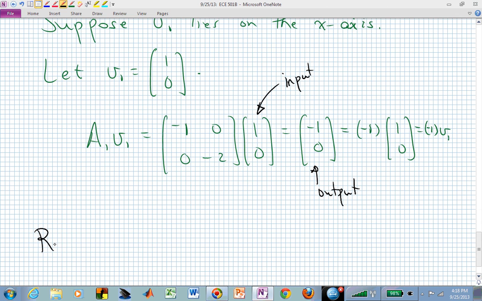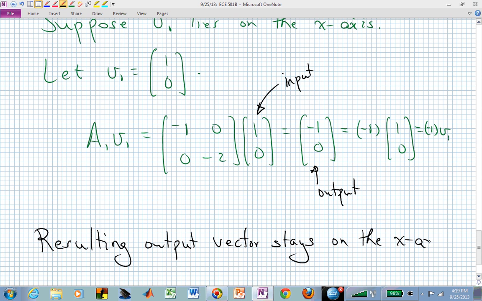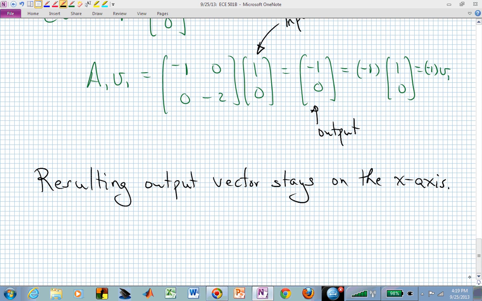So our resulting output vector stays on the x-axis, with the output being scaled by -1 from the input vector.